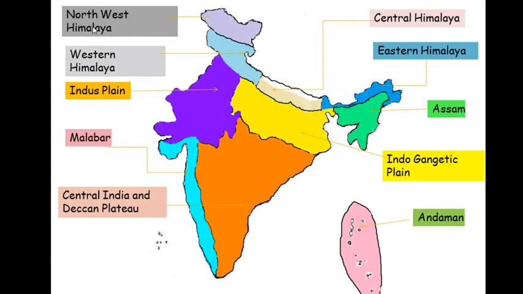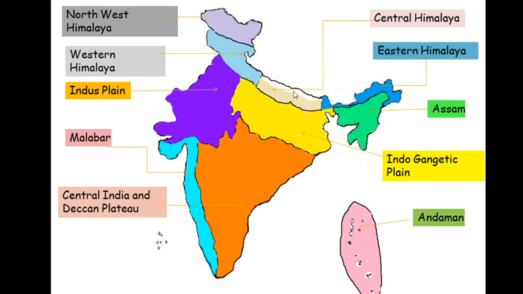Okay. Now we will have a look at their locations in the map of India. First, let us start with Northwest Himalaya. Northwest Himalaya is the portion of the Himalaya which belongs to Kashmir. Here it is almost like a cold desert because of very low temperature and very little rainfall. Next comes Western Himalaya, the part of the Himalaya which belongs to Uttarakhand. Now north of UP, a portion of the Himalaya belongs to the political boundary of India, and that is known as Central Himalaya.